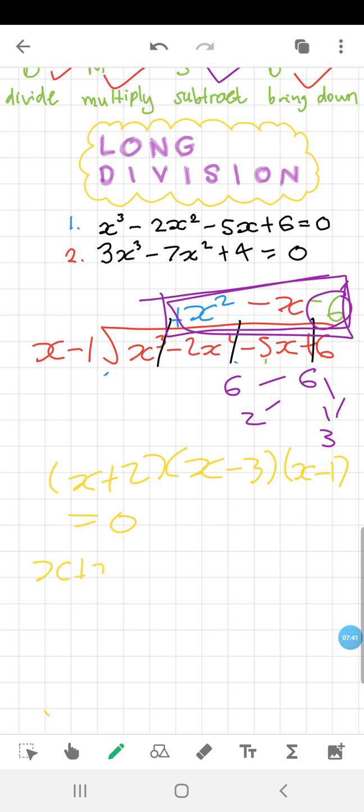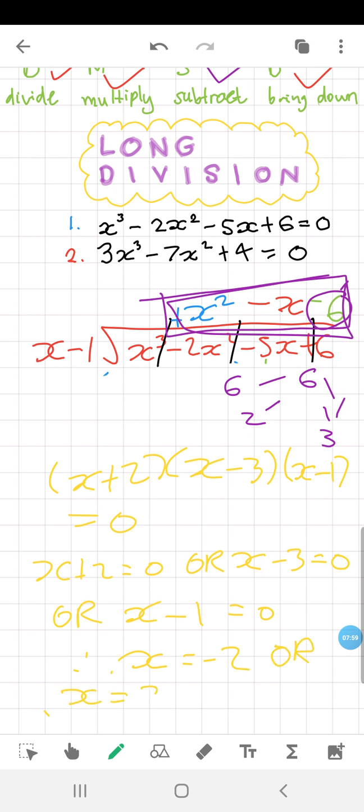So x plus 2 is equal to 0, or x minus 3 is equal to 0, or x minus 1 is equal to 0. Wait, let me write that neatly. Therefore, x is equal to -2, or x is equal to 3, or x is equal to 1.